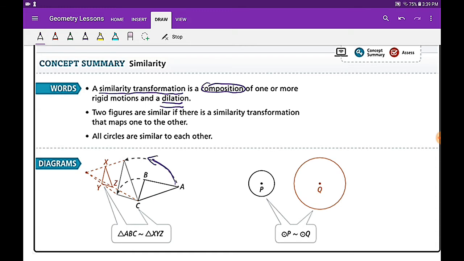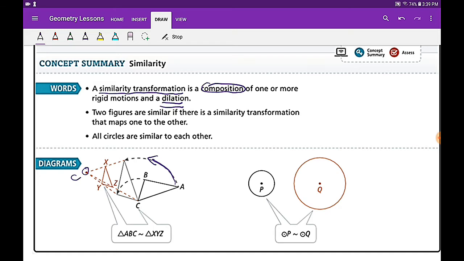And then a dilation. So rotation plus dilation: rotated some angle and dilated from some center. From a center, you will be able to map triangle ABC onto triangle XYZ. Look at this.